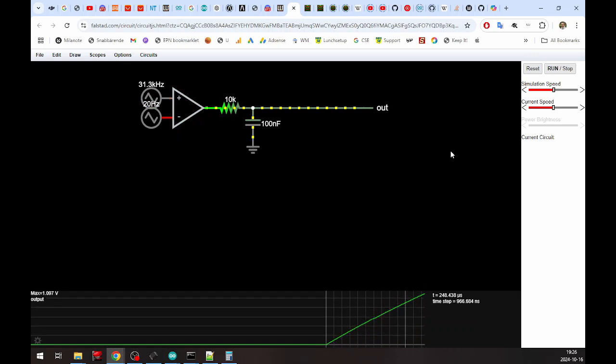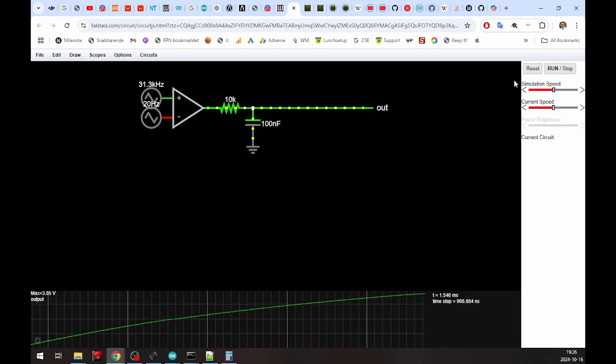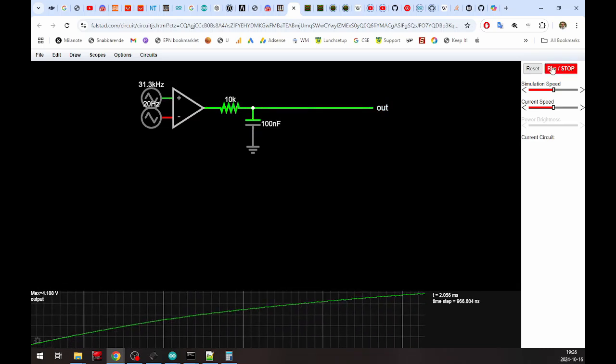And if we run this, first we see the capacitor go up to about, it is almost up at the top here, so it takes 2 milliseconds. It's taken 2 milliseconds to get up here, and that is charging the capacitor.